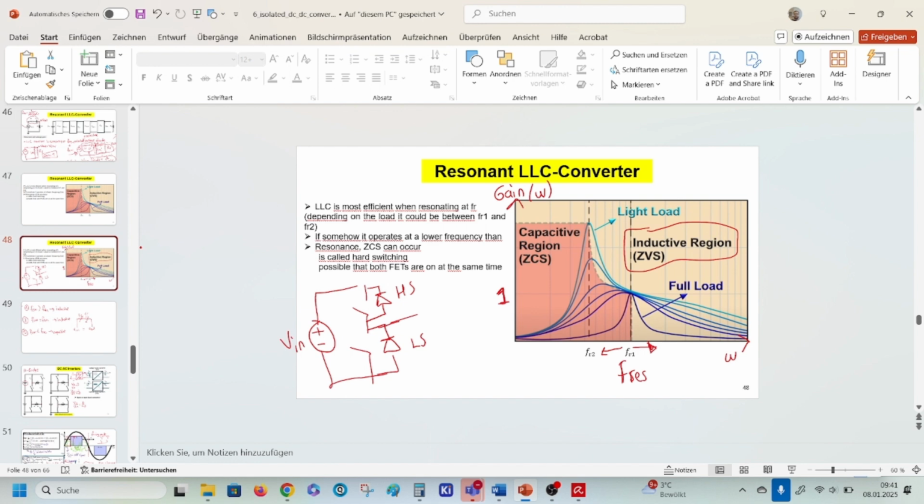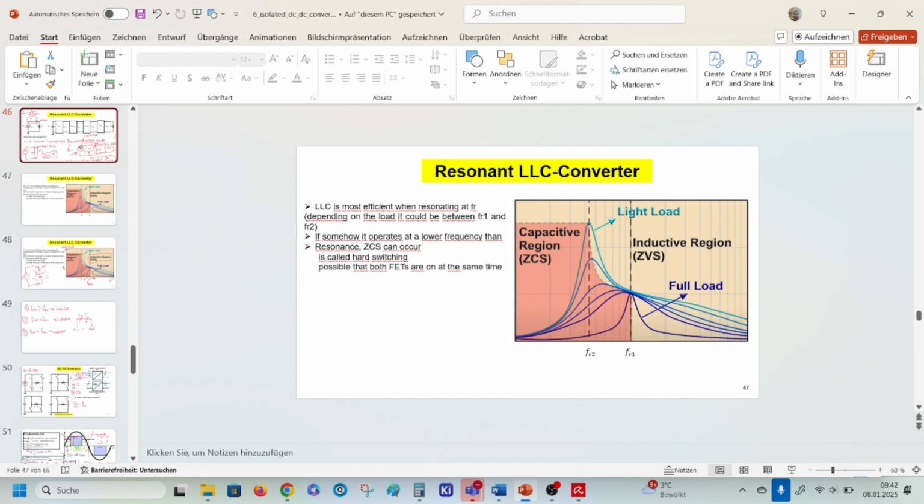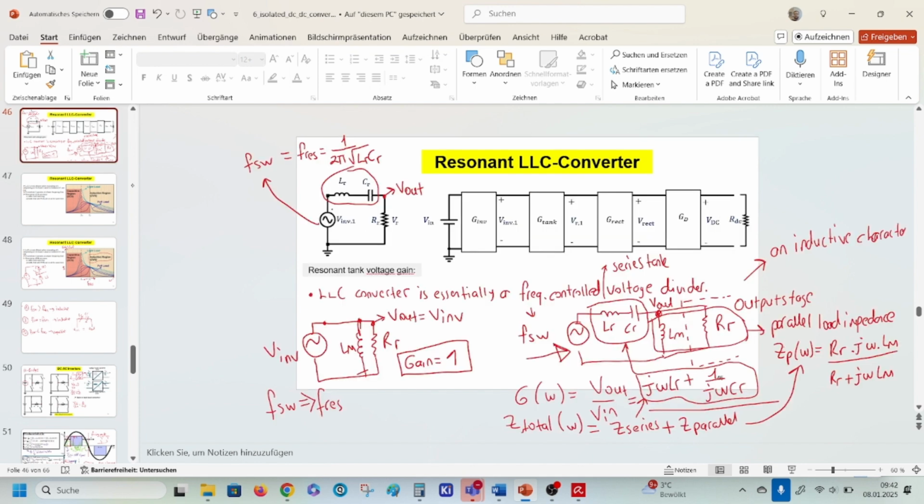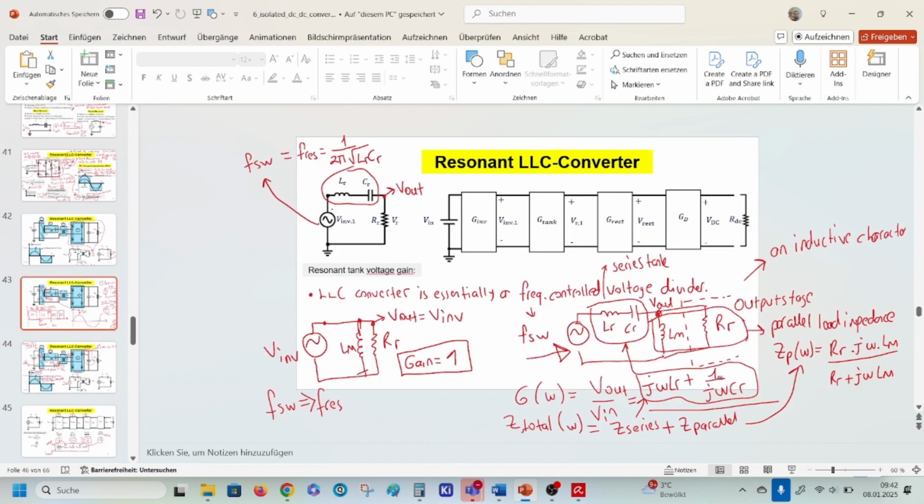Actually, they are the same. It's just an illustration of if we switch, we show anywhere the quality factor.